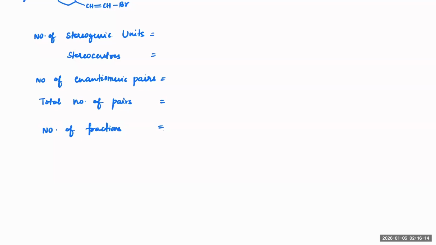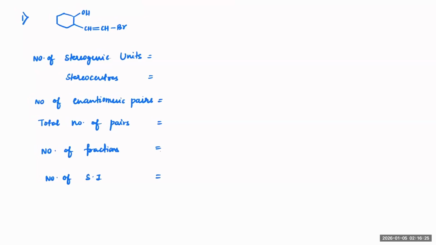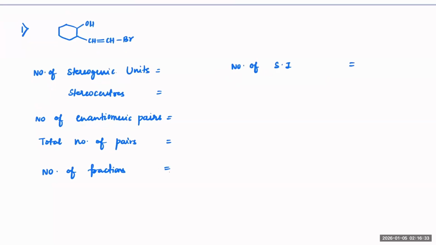Clear? So lastly, total number of stereoisomers. In fact, you need to know the number of stereoisomers to answer all of those questions. So I'll put it here first. Everybody, let's try it together. How do we solve these kinds of cases?